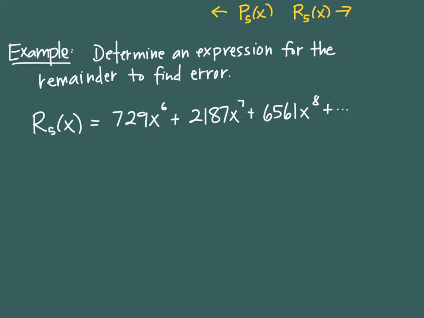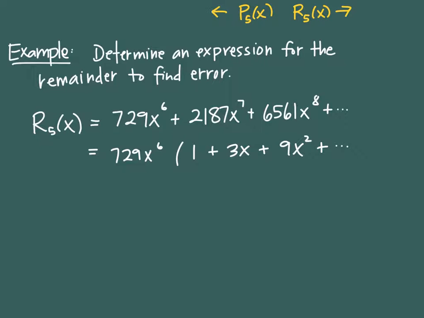Okay, what can I factor out of that? What do they all have the same? They all have 729x to the 6th. So if I factor that out, I'll be left with 1 plus 3x plus 9x squared plus, so if I factor out the 729x to the 6th, I'm left with the original expression.